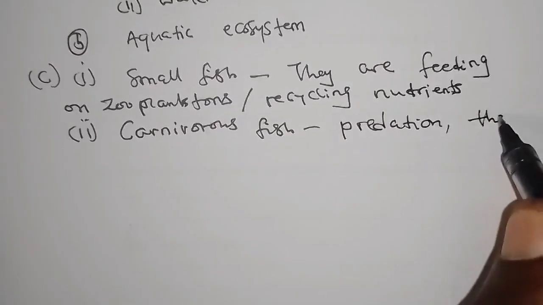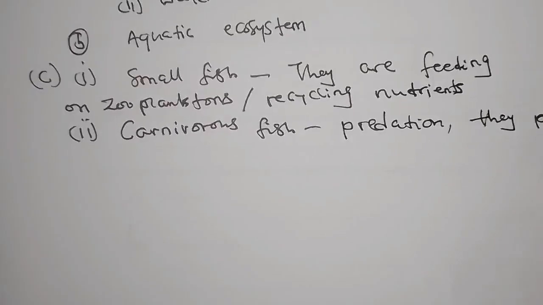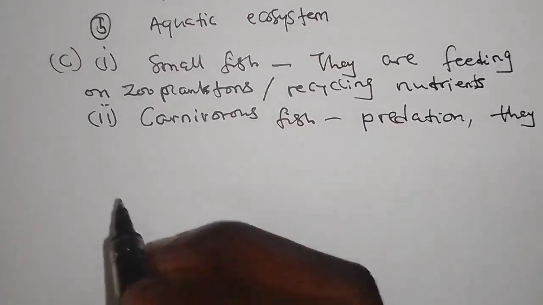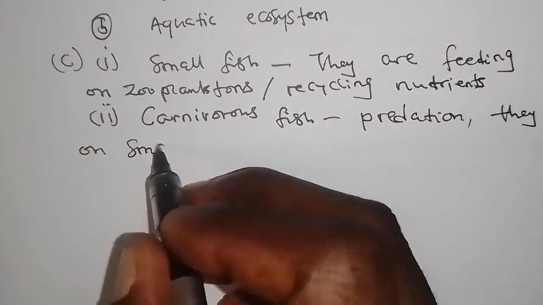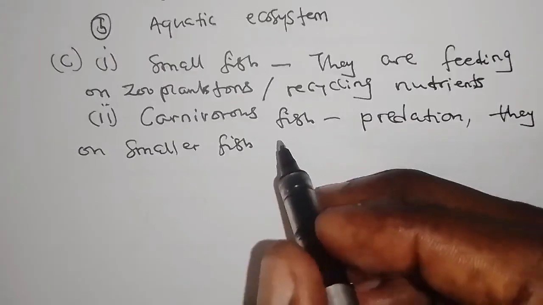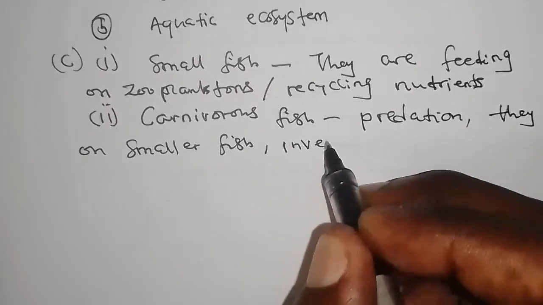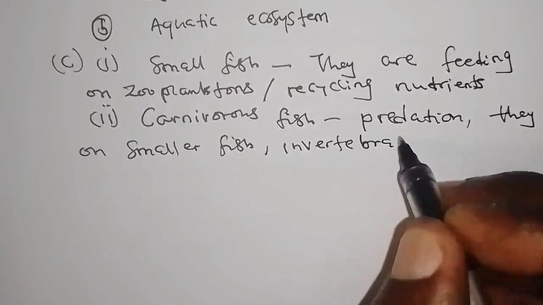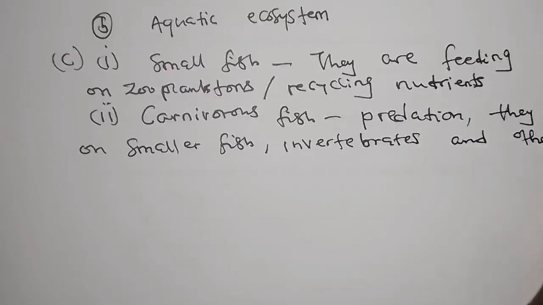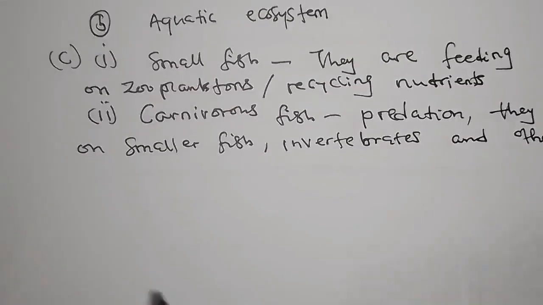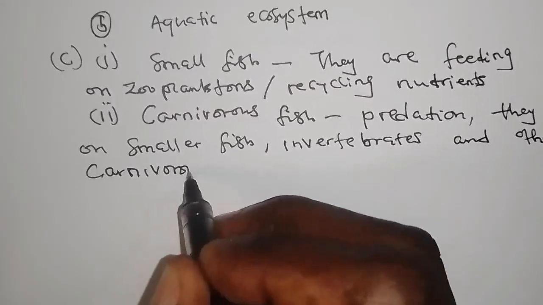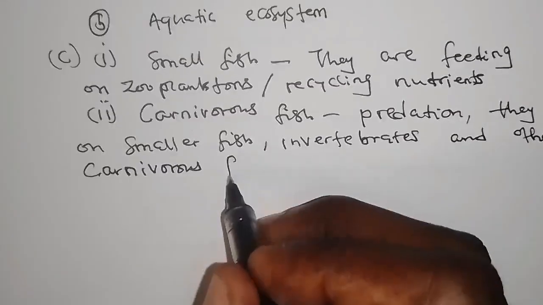So they prey on smaller fish. Could also be invertebrates. And other carnivorous fish.